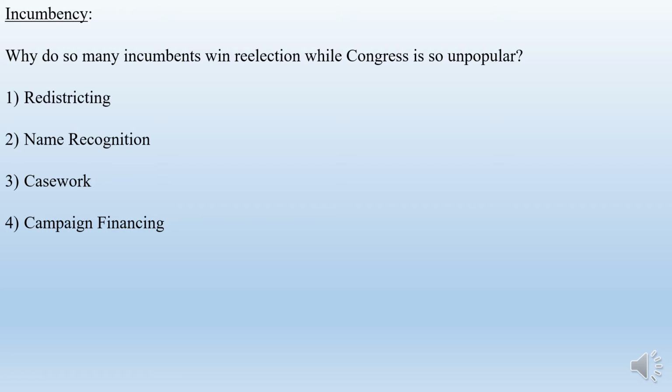Now, why is it that especially House incumbents are so strong? Well, first of all, redistricting. Most of the time when it's time to redistrict or reapportion, you redraw the lines after the census results, and you do so in a way that benefits one party over another. In Republican-controlled states, they usually draw them to make sure they have more Republican members than Democratic members.